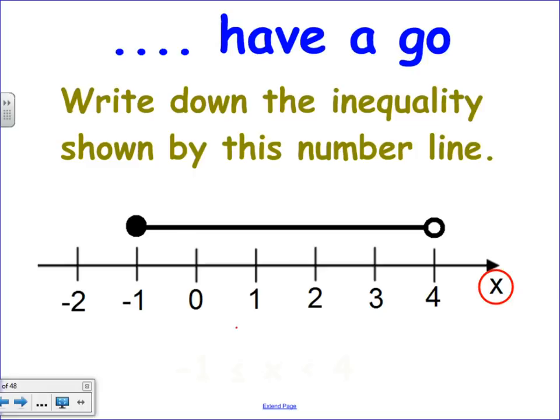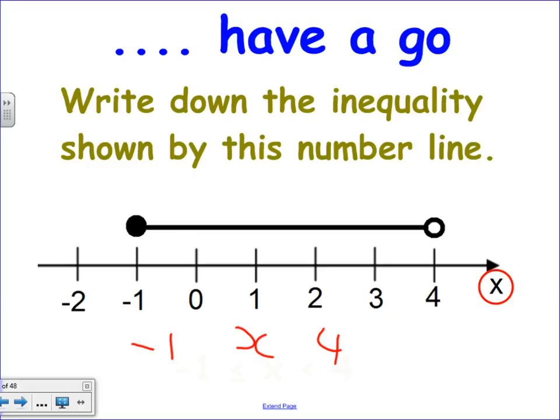Let's see if you can get the inequalities associated with this. I'll give you this one for nothing. It's nice and easy on the number line, because if it's to the right it's bigger, if it's to the left it's smaller, isn't it? But don't forget to read from x. So on the first one, x is something to do with -1.